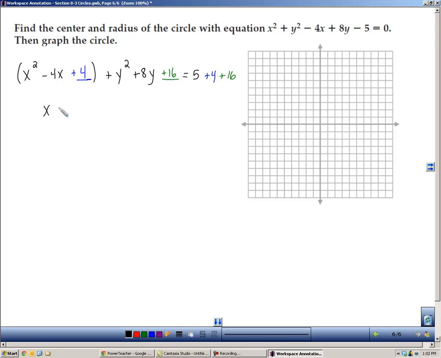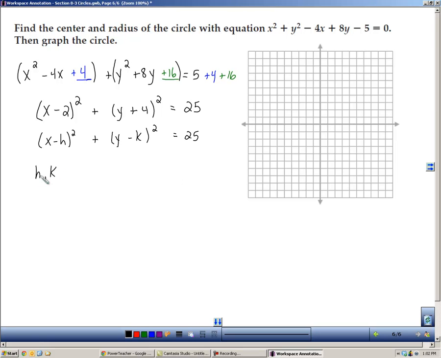So this factors to be x minus 2 squared. And then this trinomial factors to be y plus 4 squared. And then everything here on the right-hand side is a 25. Now I have an equation that's in the general form for a circle.